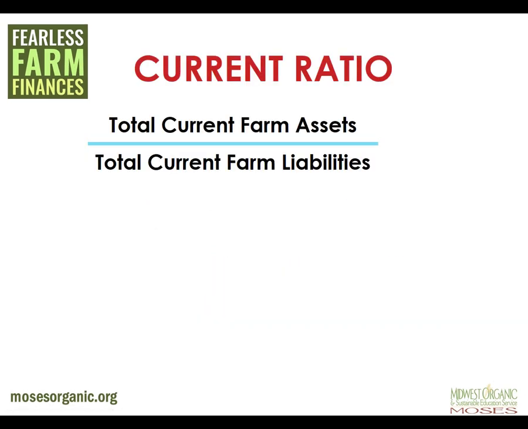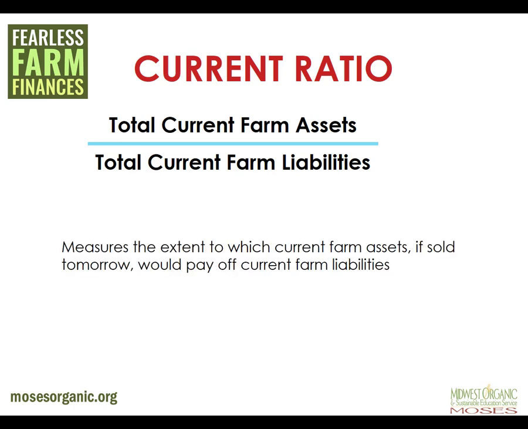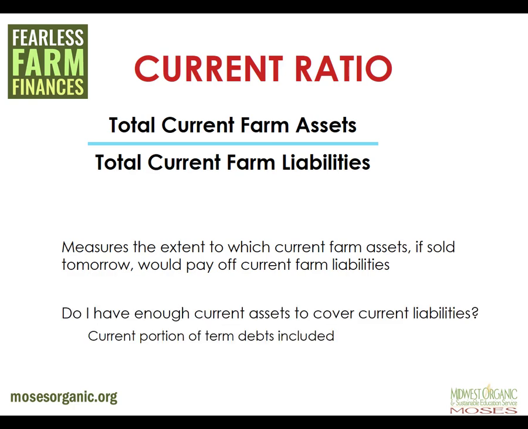So our liquidity ratio is the current ratio. And our current ratio is calculated by taking our total current farm assets and dividing by our total current farm liabilities. And this measures the extent to which your current farm assets, if sold tomorrow, would pay off our current farm liabilities. So do I have enough current assets to cover current liabilities?